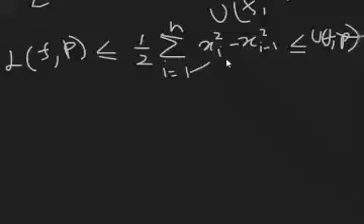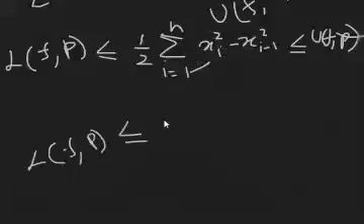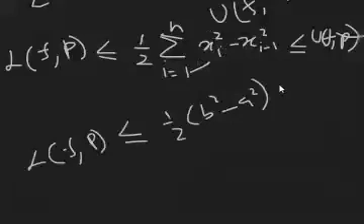If you simplify this summation, you get b squared minus a squared. So the lower sum of f is less than or equal to 1/2 (b squared minus a squared), and this number is less than or equal to the upper sum of f.